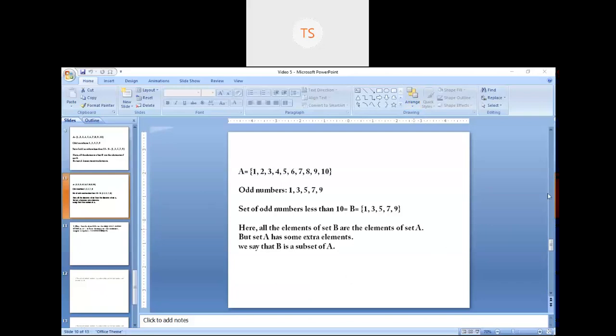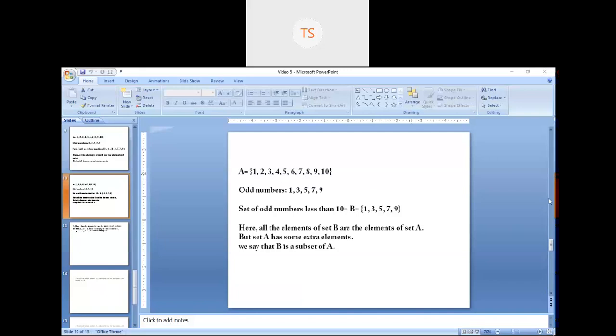Okay. Then suppose this time I will give you one more example. The bigger set will be the same: A equals 1 to 10. Now you have another set, capital C, the set of even numbers less than 10.